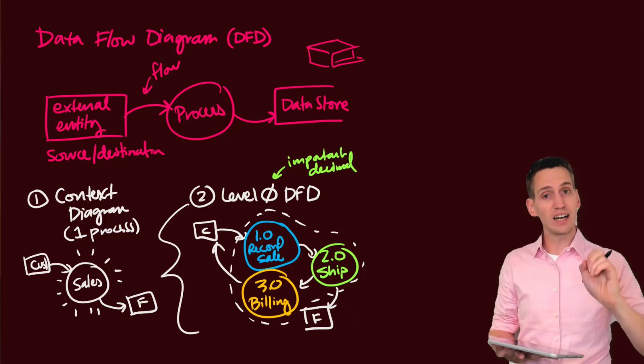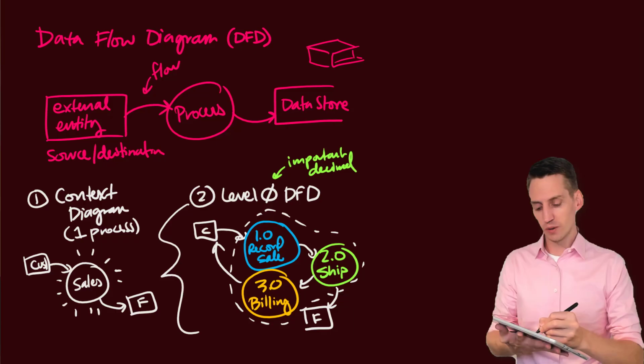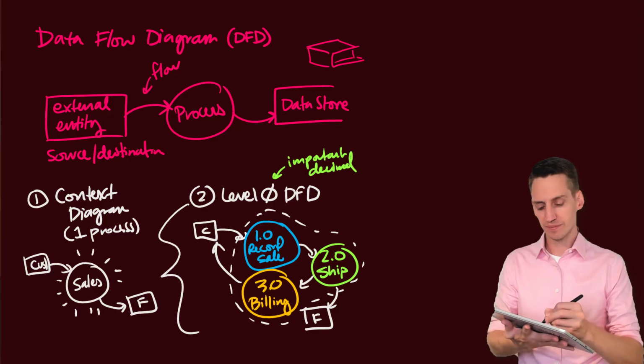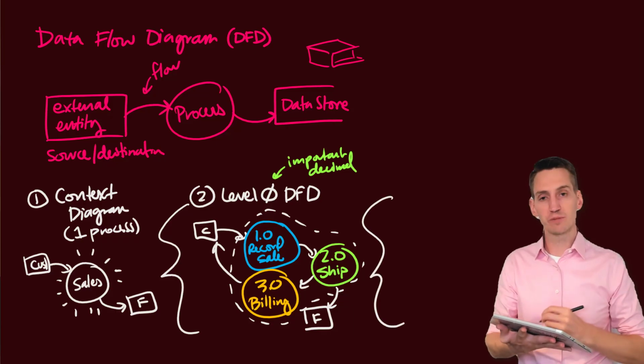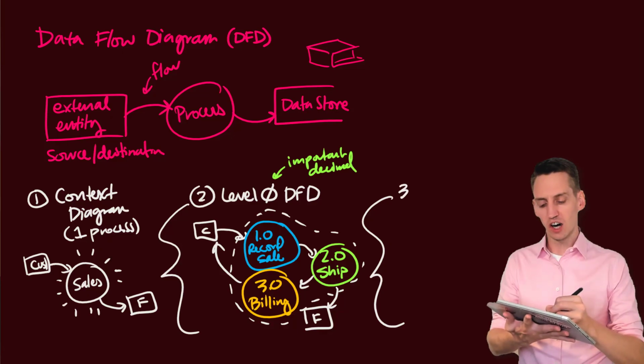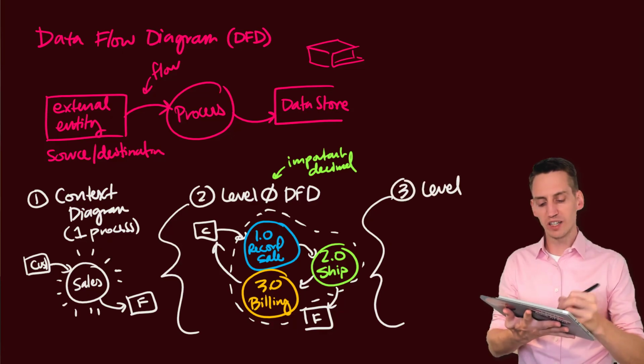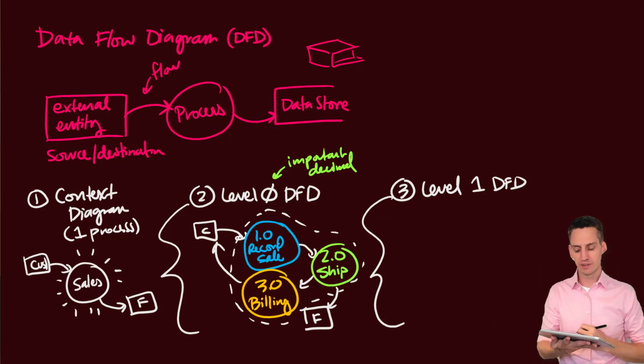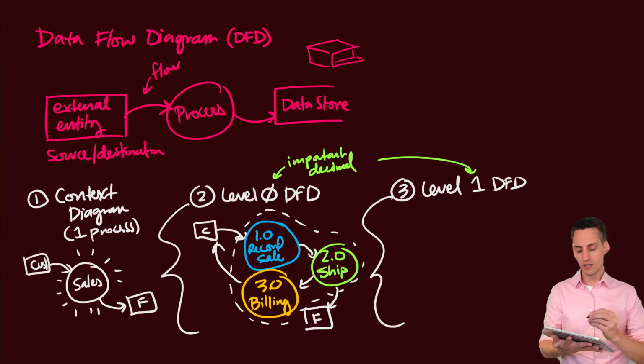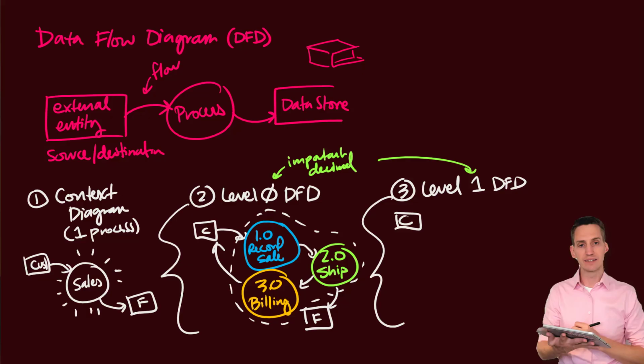Now it's going to get a little more detailed. We're going to take this process and we're going to expand it even more. Our next level down is going to be called a level 1 data flow diagram. Again, this is talking about the important decimal for this. What that means is that I still have the same customer that's originating this data.